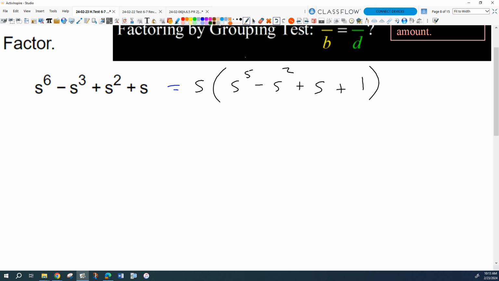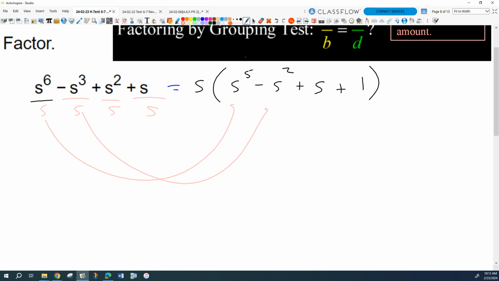Okay, here's a concept you want to attach this to. If I'm factoring something out of a 4-term expression, how many terms have to be left over? 4, right? Because factoring means I'm dividing, I'm not subtracting. There's no way I could ever end up with fewer terms than I started with, right? And if I want to know how I get there, remember, all I'm doing is dividing each of these by s to see what's left over, right? Okay. Now, once I get here, can I go further?